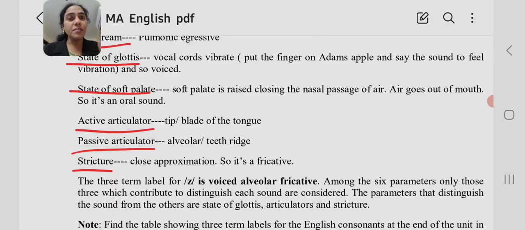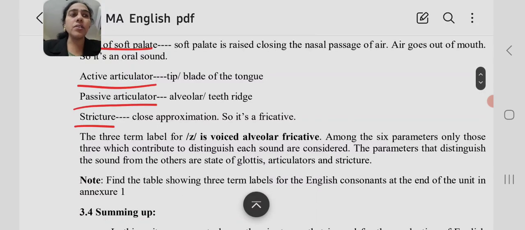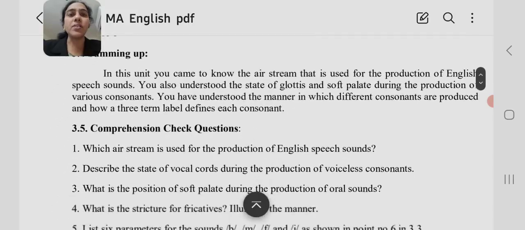If not, please refer back again. The stricture and the close approximation which we observe when we say zzz, it is a fricative. The reference to this is there in the previous class. What do you call a fricative? What is an articulator? What is a plosive? All these things you can always go back to, in order to be strong in the basic concepts.